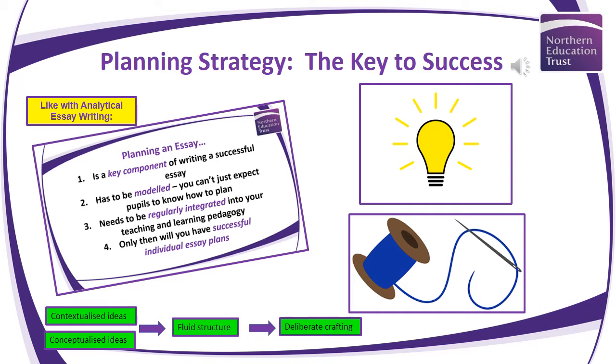Only once they've formulated those ideas, they then need to think about, well, how am I going to structure it? What am I going to start with? How am I then going to deepen that idea? What am I going to springboard onto? How am I coming back to the idea? And once that outline's there, you then layer up with DAFOREST and the deliberate crafting of language.